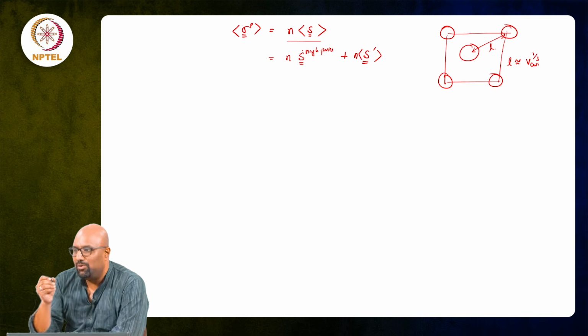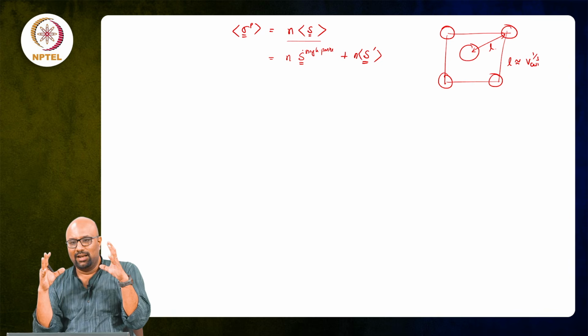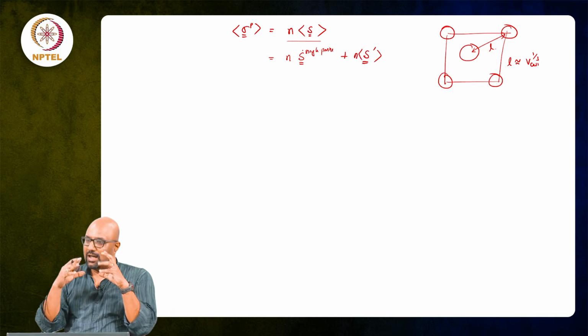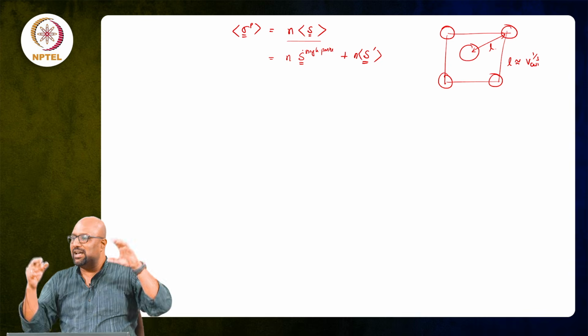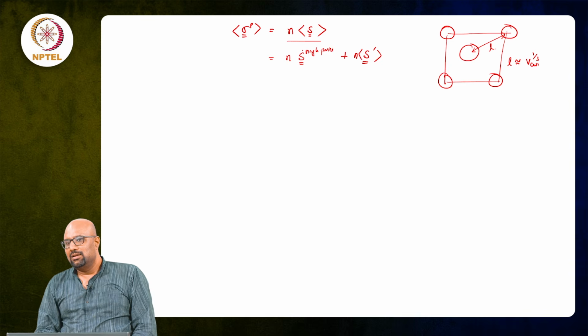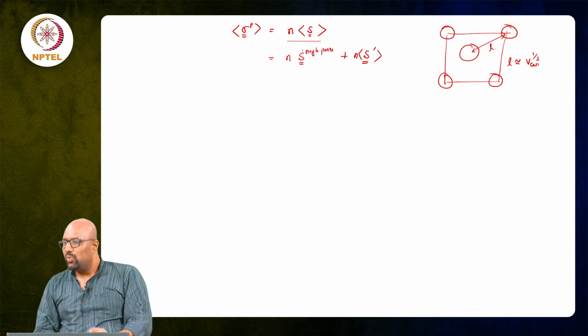If I define a unit cell where there is a single sphere and at all the corners I am placing its neighbors, you can choose different arrangements. I am basically choosing a simple cubic arrangement. You can come up with more exotic arrangements. The answer does not change a lot when you are thinking of this first level picture, that the separation between two neighbors will scale as 1/3 power of the volume of the cell, right.